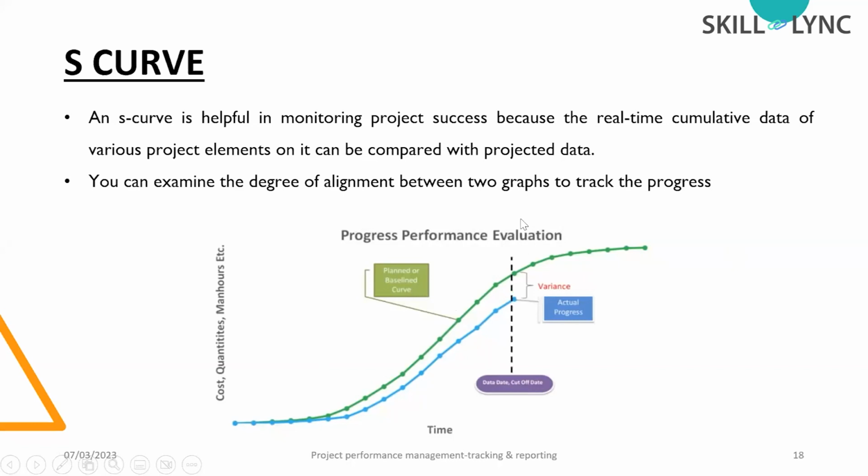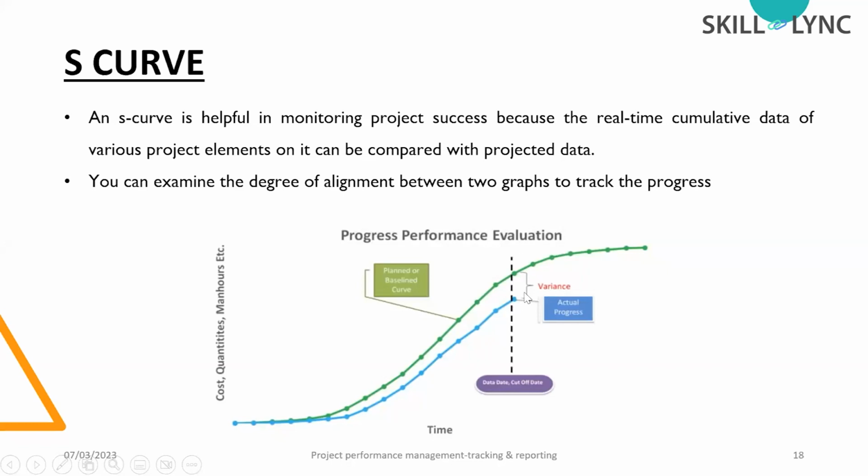This monitoring process happens continuously from the initial part to the end of the project, and in between, for example at the end of the financial month, we check the variance. So if this is the data date or cutoff date, we can see this is the planned value for my particular project, but this is the actual progress of my project.